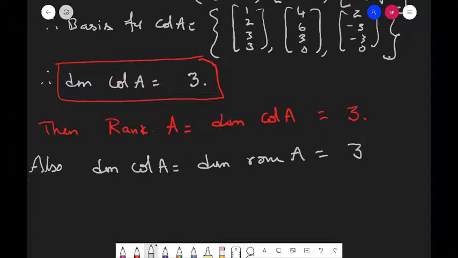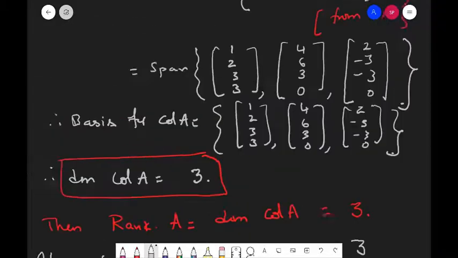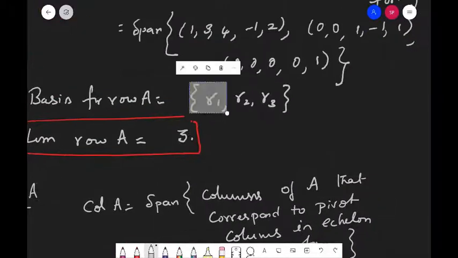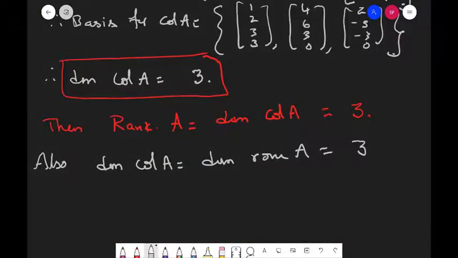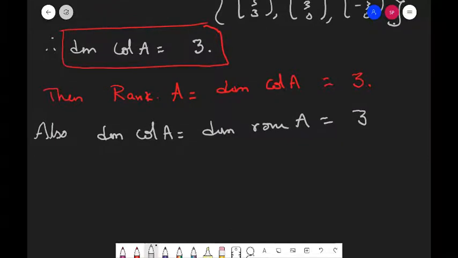They both are equal. We can check what is dimension row A, 3, and what is dimension column A, that is also 3. They both are equal. And what is rank theorem? Actually, I can say this is also rank theorem only.